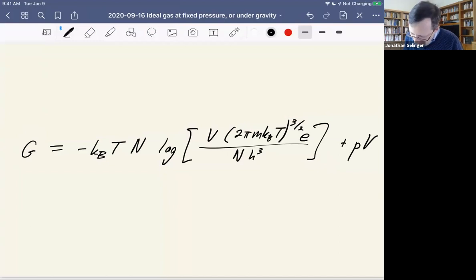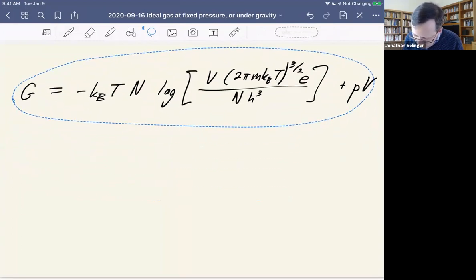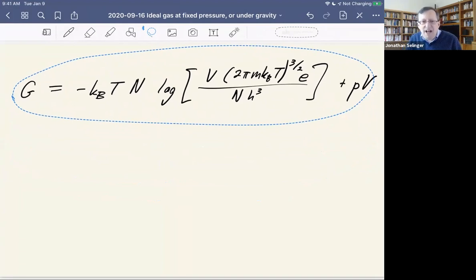Why did I put that in the middle? I should put it at the top. Oops. Ooh, I love my lasso. Okay. All right. So G is that.